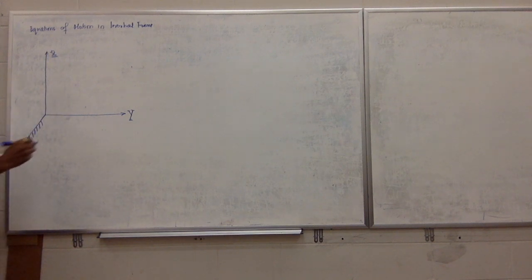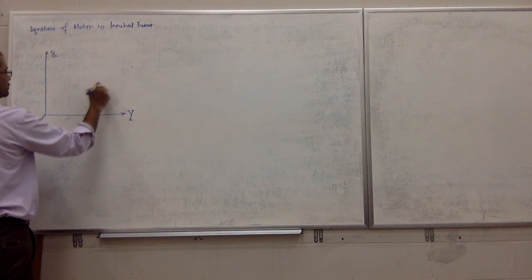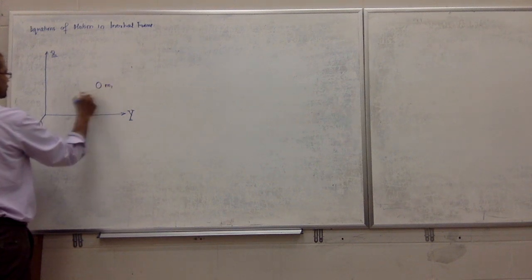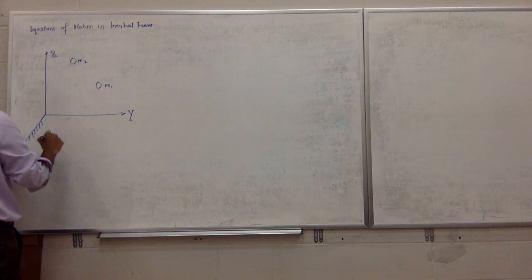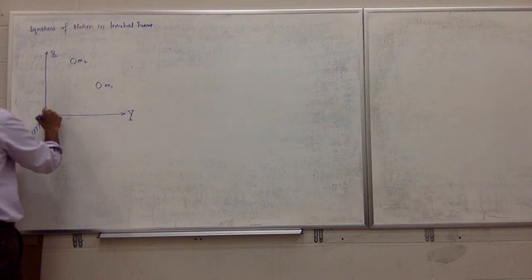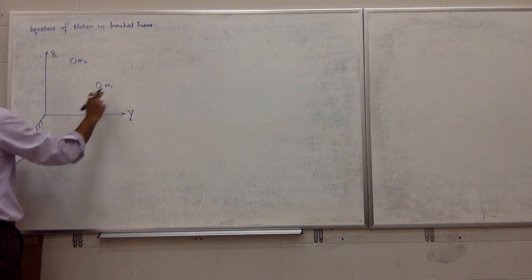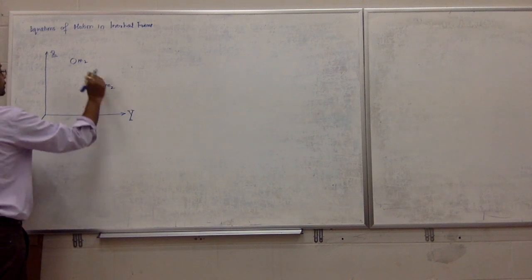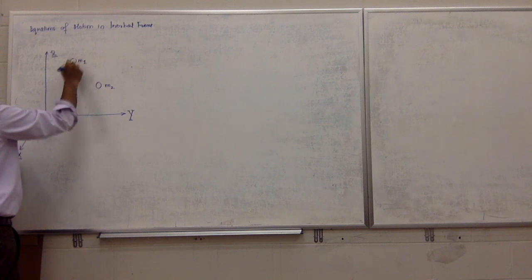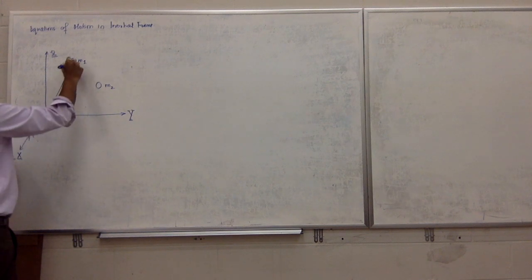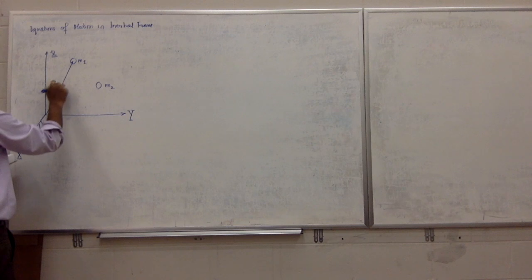And what you have is two masses. This is M1 and this is M2. Okay? This is consistent with the textbook. This is R1.